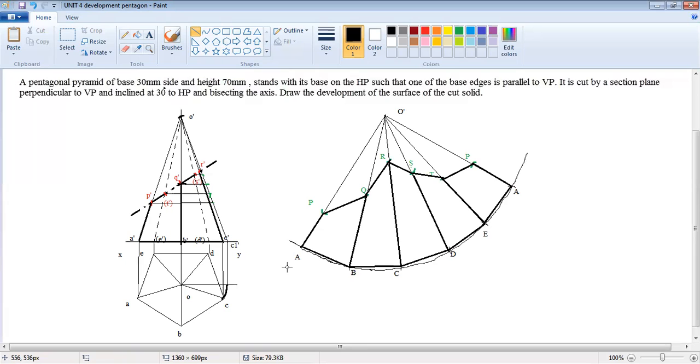Mark the measurement, dimensions, as per the procedure.